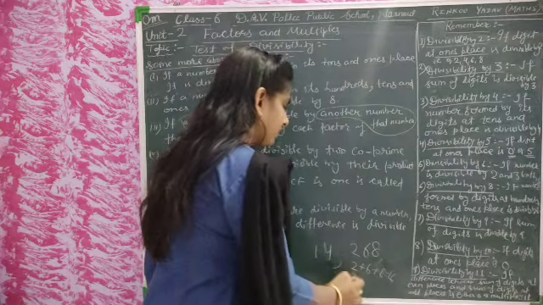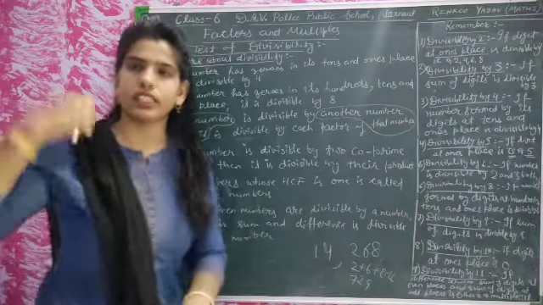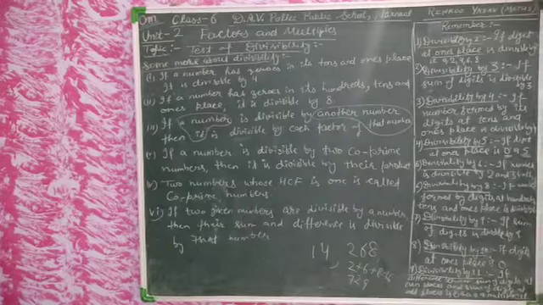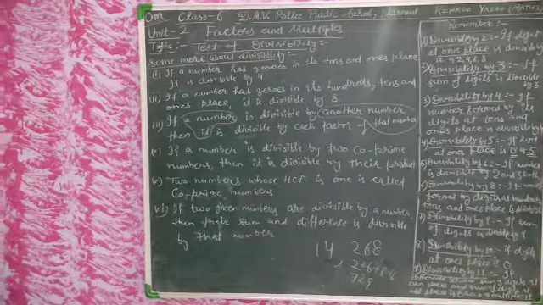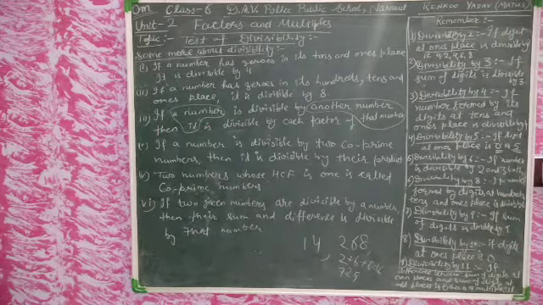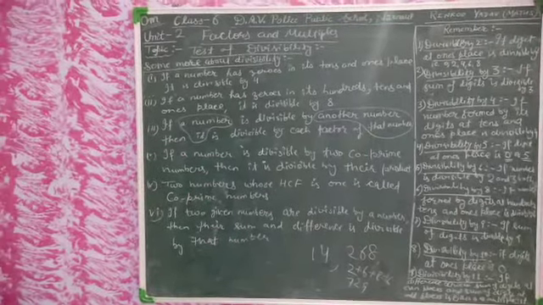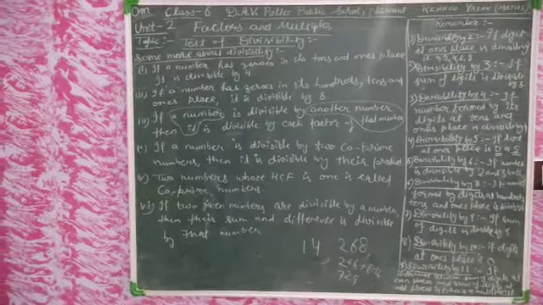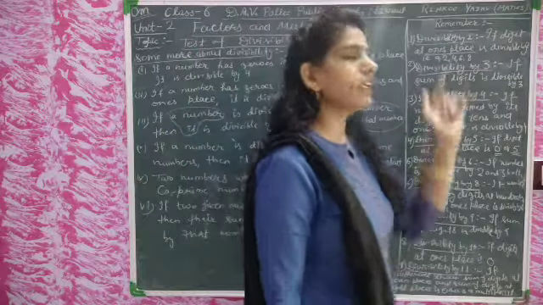And there is the number 729. Is it divisible by 3 or not? Let's check. Now students, this is the divisibility by 3.